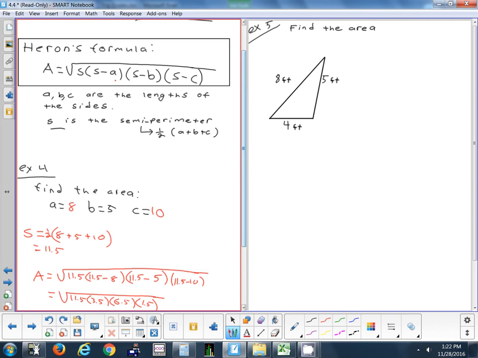What are some special triangles that could come up that we could have to find the area of? Some that we give a special name to. Yeah, equilateral. There's also isosceles. And what's special about, let's do an equilateral. What's special about that? Everything's the same. All the sides are the same.